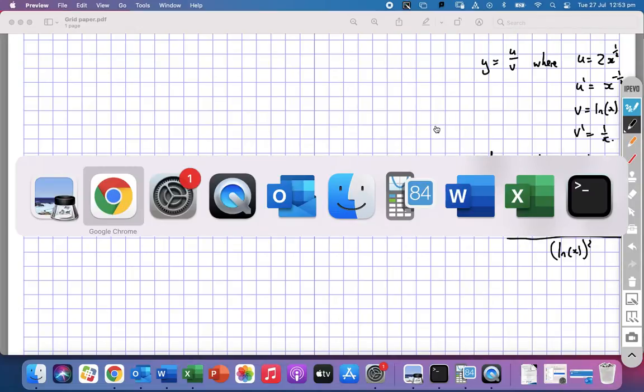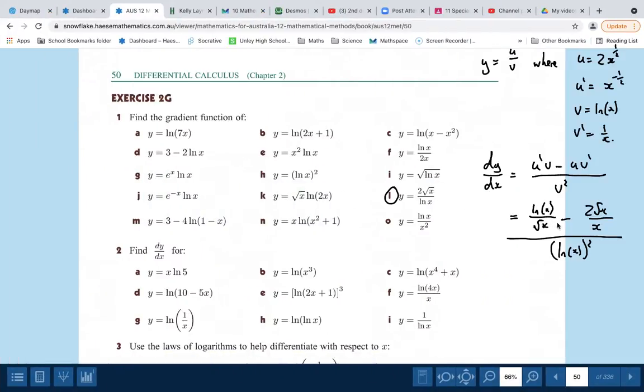So to tidy this up, I could actually have a common denominator within the numerator of this fraction. I'll have log x minus 2, all divided by log x all squared.